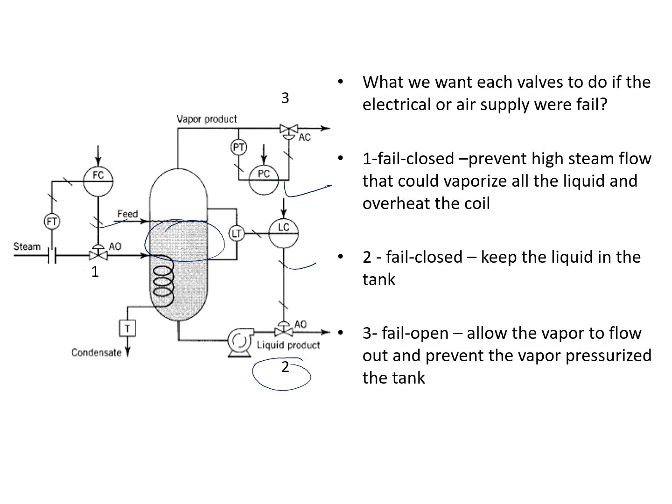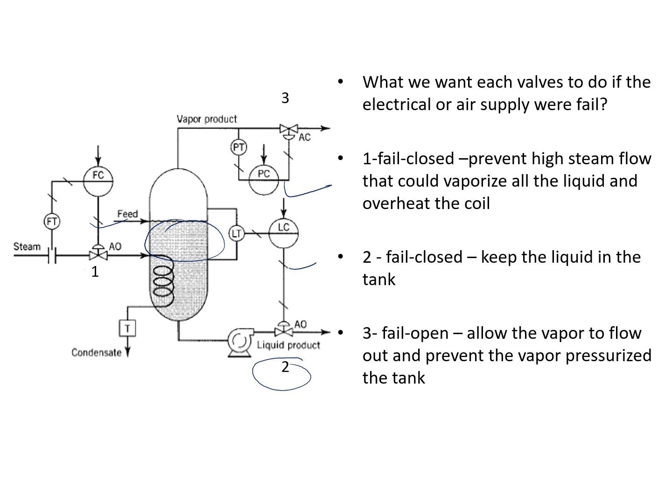Next is the pressure control system. For the pressure control system, normally we use fail open. Why? Because when the system is tripped or the electrical or air supply fails, normally the mixture inside this tank will vaporize.